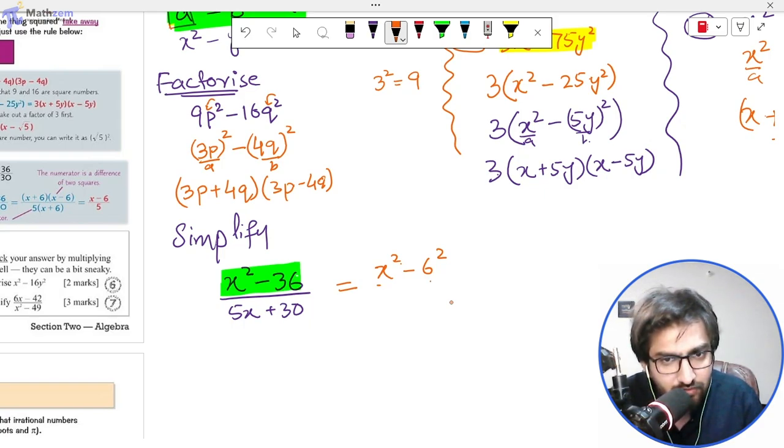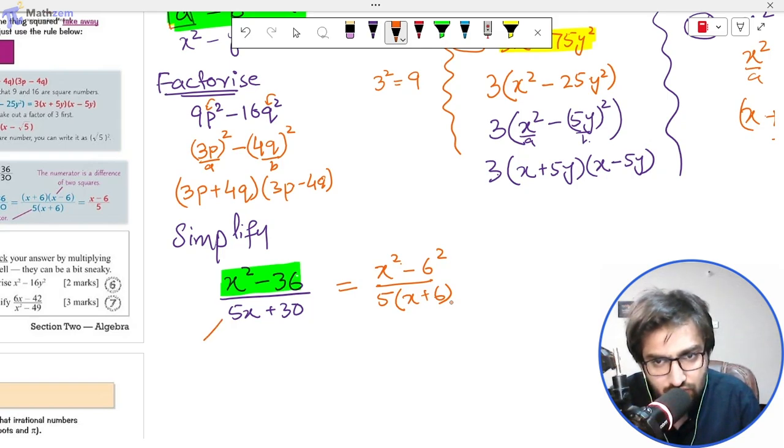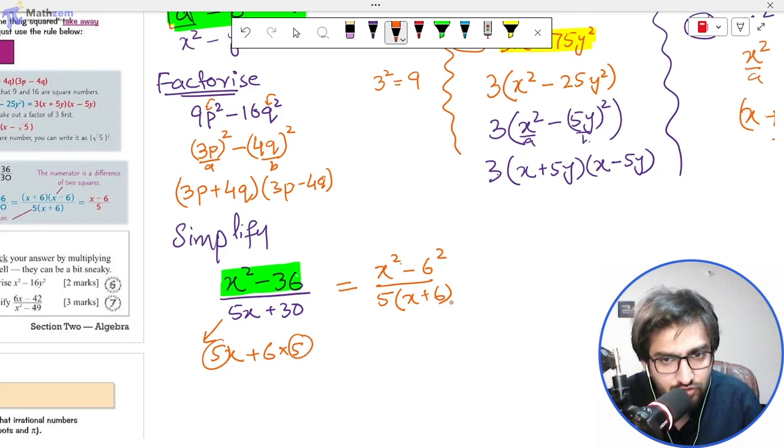And I can take 5 common from these two, so 5, and in the bracket will be x plus 6. Why? Because this is actually 5x plus, I can write 30 as 6 times 5. So 5 is common, so I take 5 out.